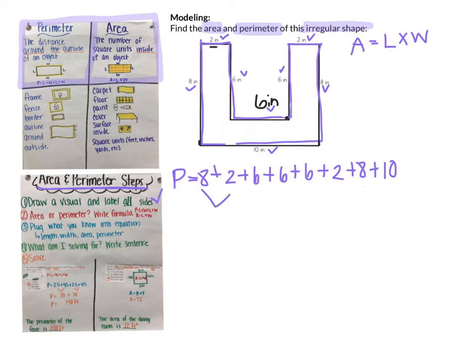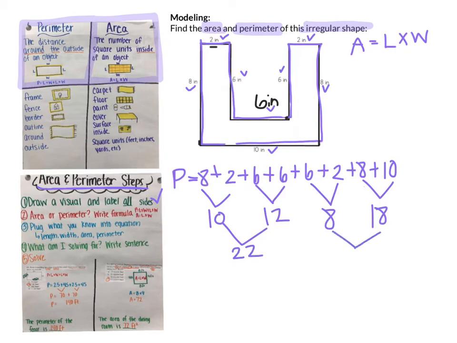So 8 plus 2 is 10. 6 plus 6 is 12. 6 plus 2 is 8. 8 plus 10 is 18. Keep adding. 10 plus 12 is 22. 8 plus 18 is 26.